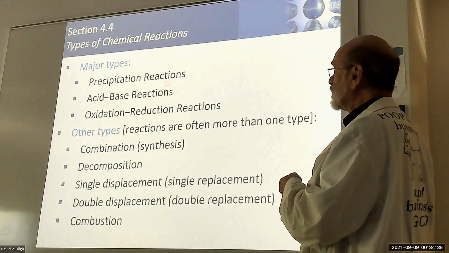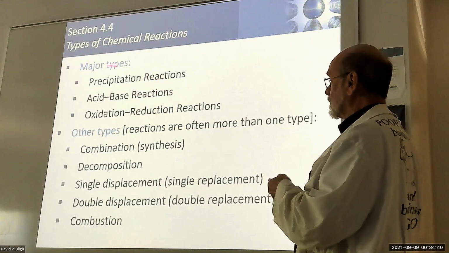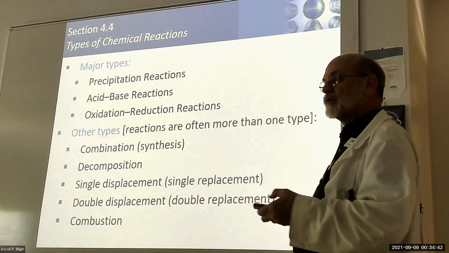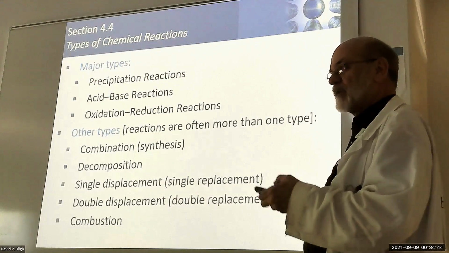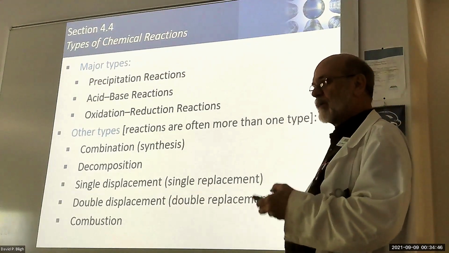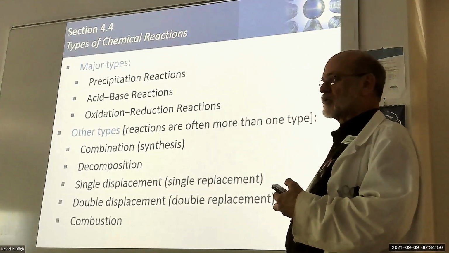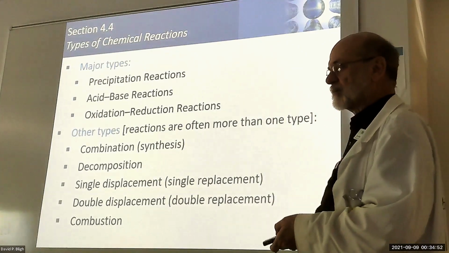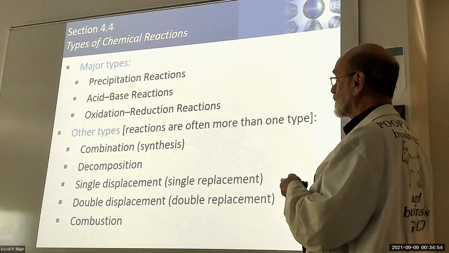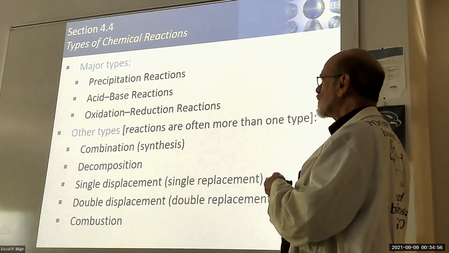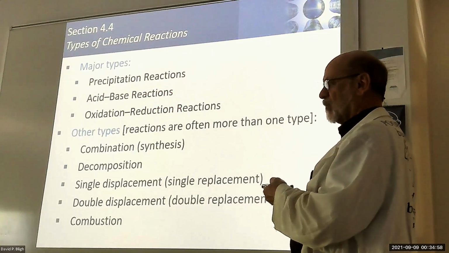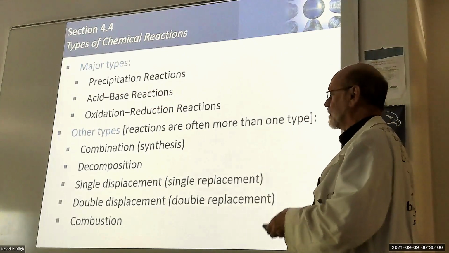So the 3 major types are precipitation reactions. And those are ones where you put 2 solutions together and they form a solid. The chemical reaction produces an insoluble compound that drops out of solution. That's the precipitate. Acid-base reactions. These are usually in terms of Bronsted-Lowry, which we haven't discussed yet.